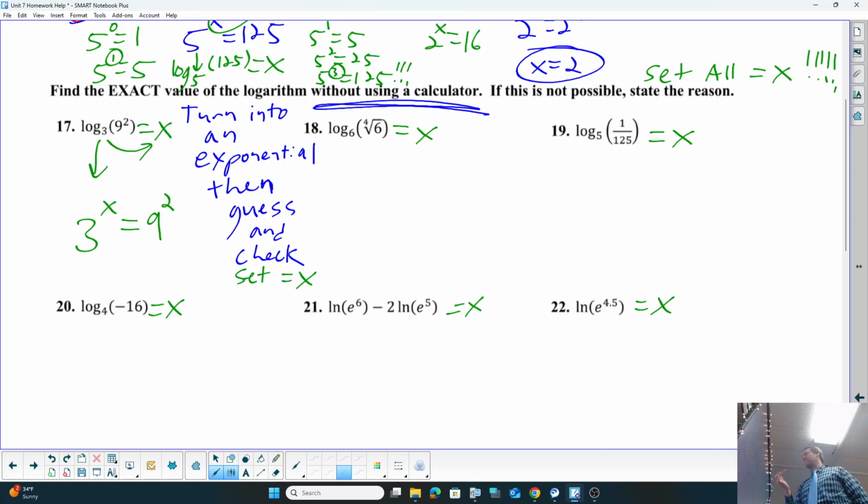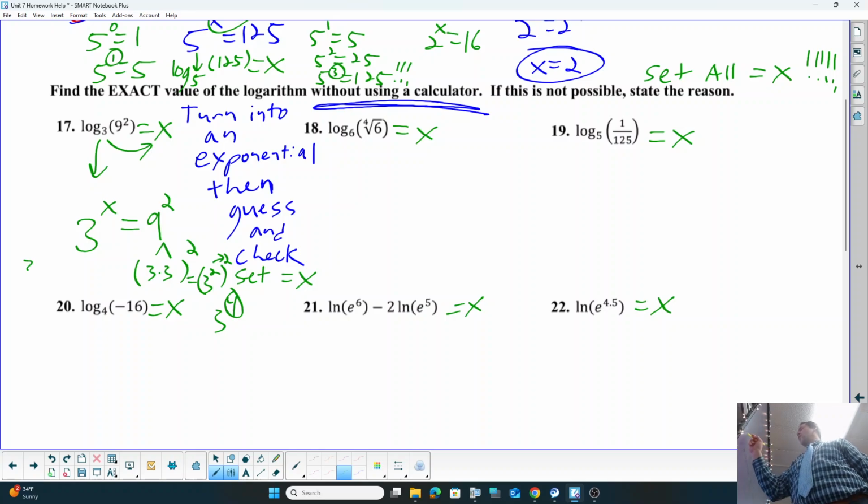But technically you could break this 9 down. 9 breaks down into 3 times 3, and that's all to the squared power. 3 times 3 is 3 squared. Multiply the powers, so we have 3 to the 4th power. So x equals 4.